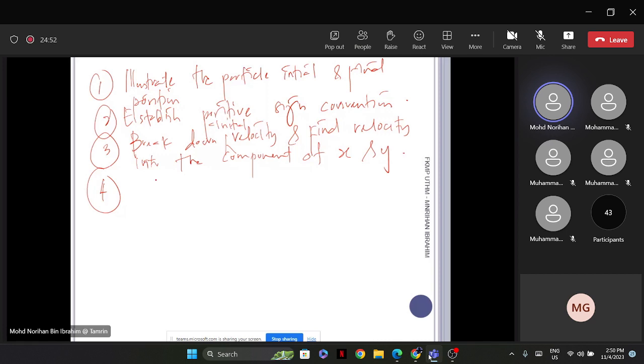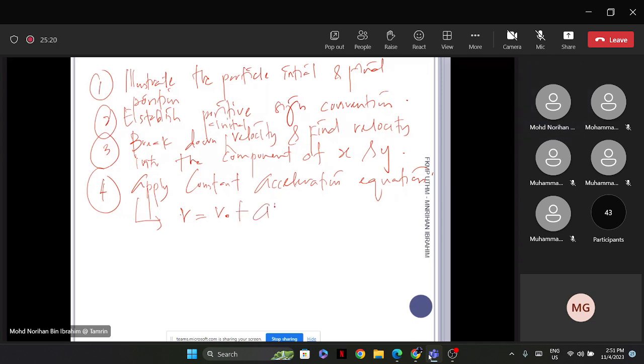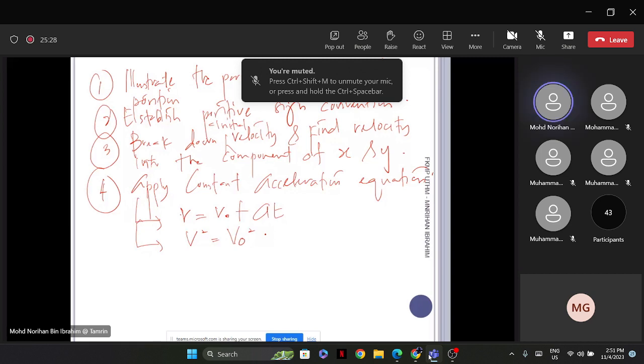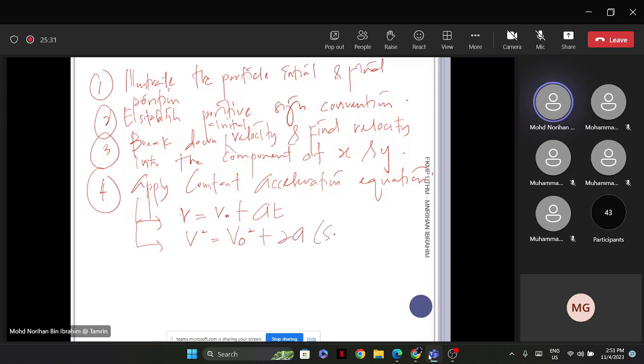Step 4 is apply constant acceleration equations. What I mean is you need to apply the constant acceleration equations. We have three equations. The first one is v equals v naught plus a t. The second one is v squared equals v naught squared plus 2a times s minus s naught.